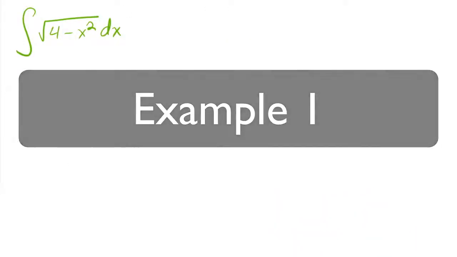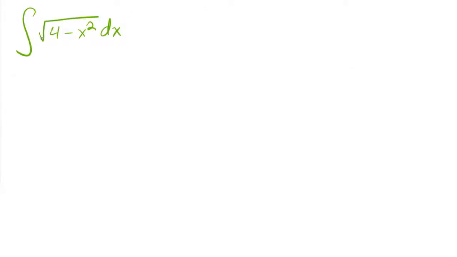Okay, so we have our integral here, and we recognize that it's of the case square root of a squared minus x squared, where a is equal to 2 in this case. So that tells us what our substitution is going to be.